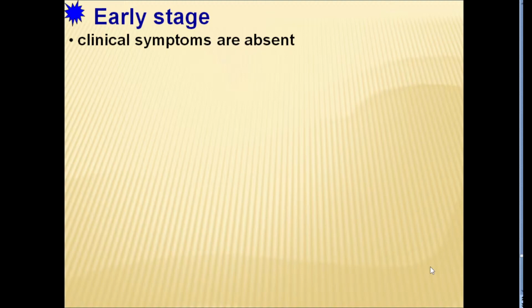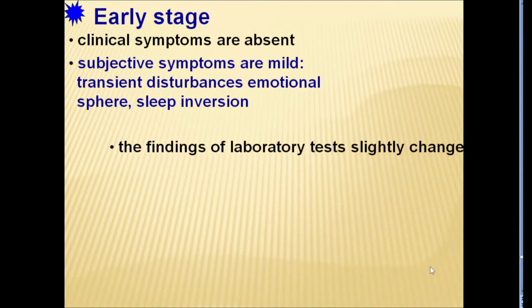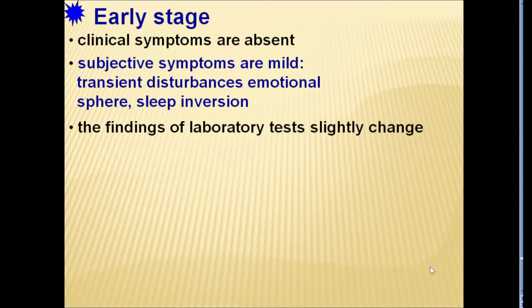A very attentive doctor can find some signs of non-adequate behavior. And I told you about the specific test for early encephalopathy. We'll also send our patient for some laboratory tests, which, as I said, slightly deviate or are lower than the norm.